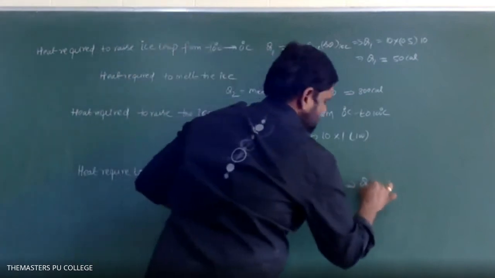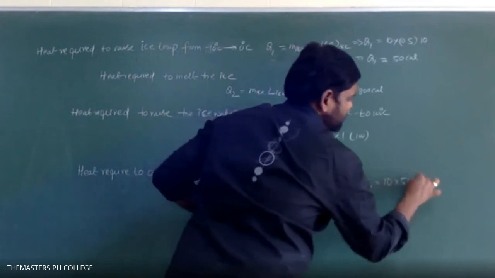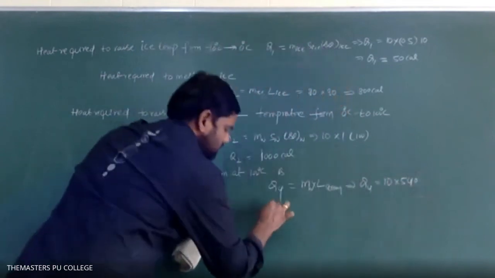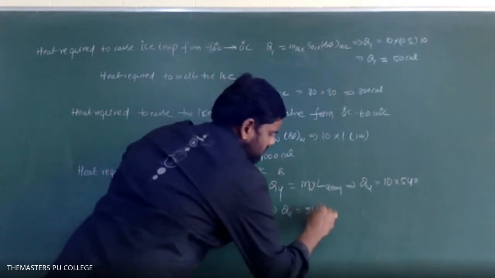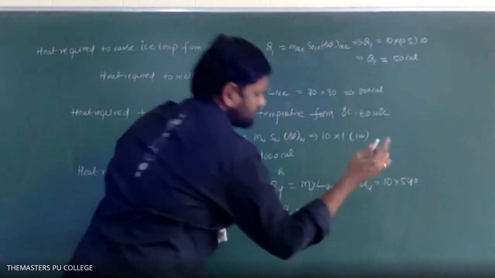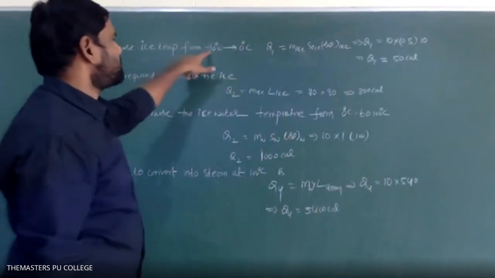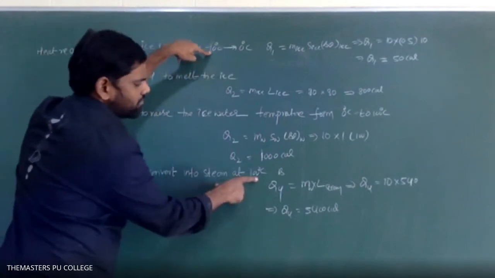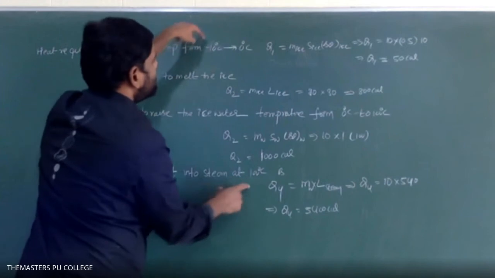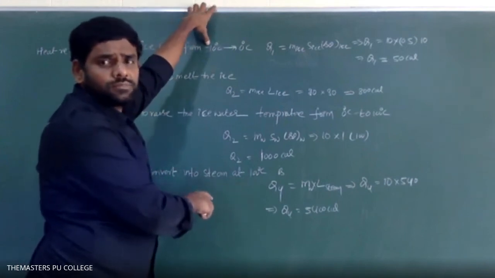Then we will get Q4 equals 10 gram, and for each gram we have to supply 540 calories. That implies Q4 equals 5400 calories. So initially, when we start, the system is at minus 10 degrees centigrade. At the end, we have the steam at 100 degrees centigrade. The given task is completed according to the problem, students.